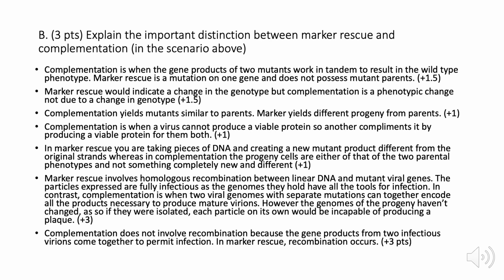Third one, complementation yields mutants similar to parents. Marker yields different progeny from parents. So again, this is sort of mushy. I think the student understands that one is a phenotypic change and one is a genotypic change, but complementation doesn't yield mutants.